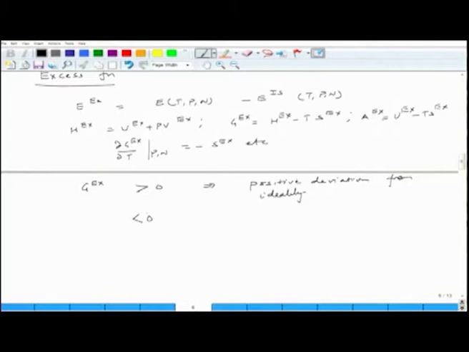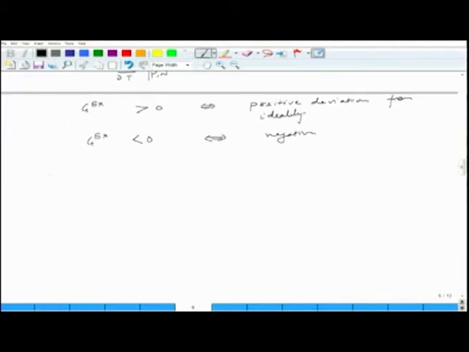If it is less than 0, it shows a negative deviation from ideality. So it is both ways. When you say negative deviation from ideality, it basically means G excess must be less than 0. Partial molar excess free energy, partial molar excess quantity.